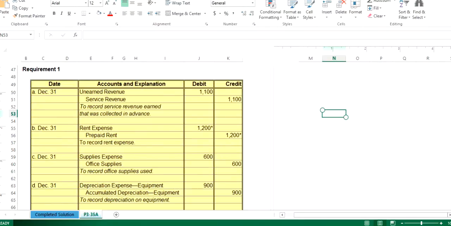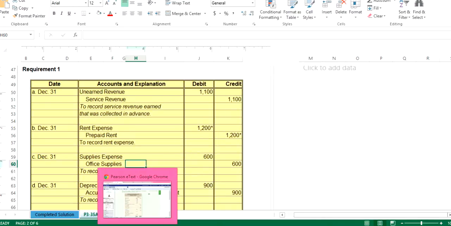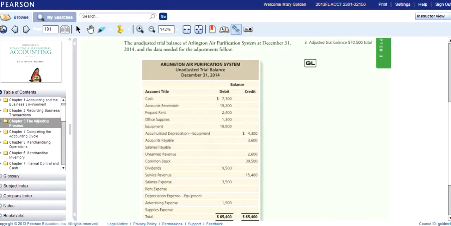And if you move to your answer, that's what we have. We have a $600 debit to supplies expense, and we've credited office supplies for $600. Okay, so if you wanted to know your ending balance in your supplies account, it would be $1,300 minus $600. You would have $700 worth of supplies left.